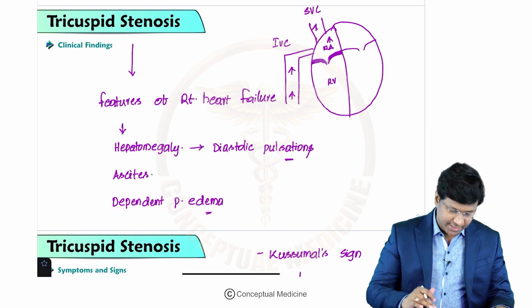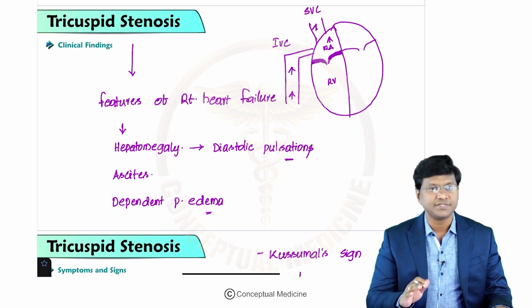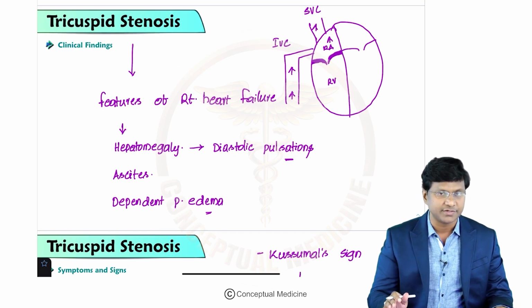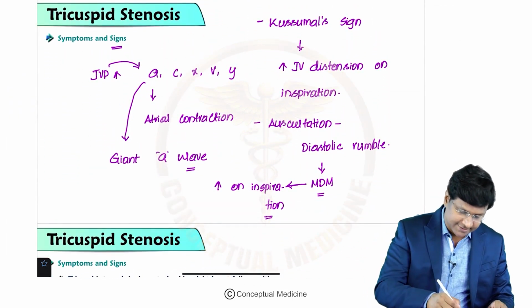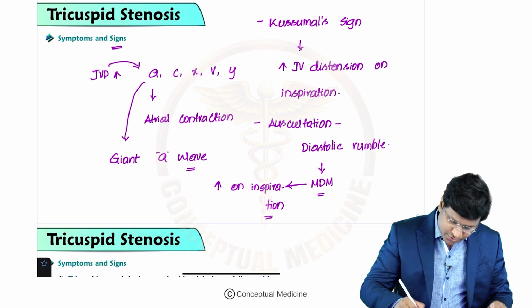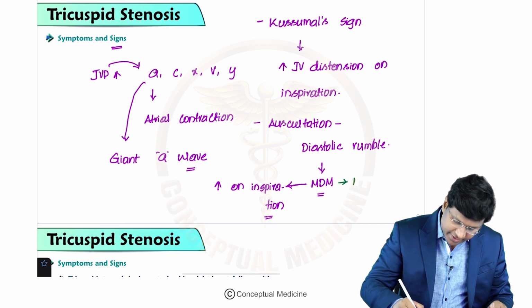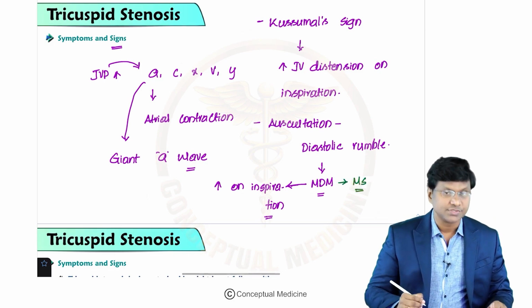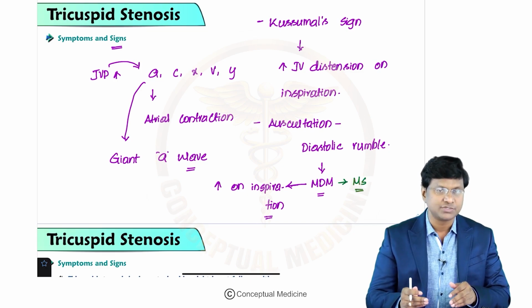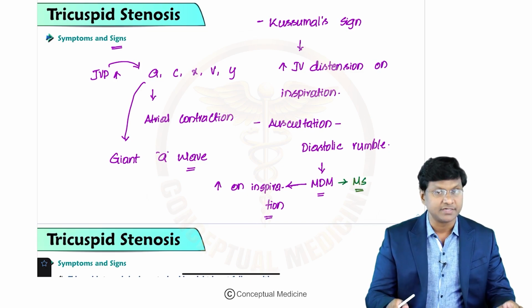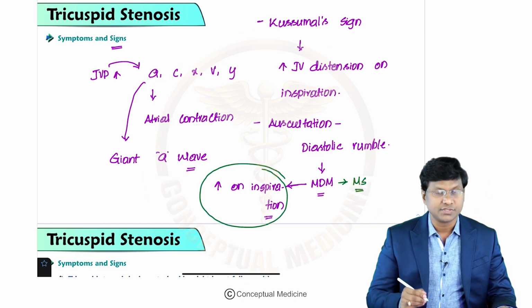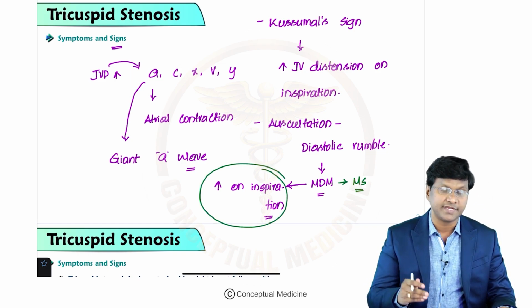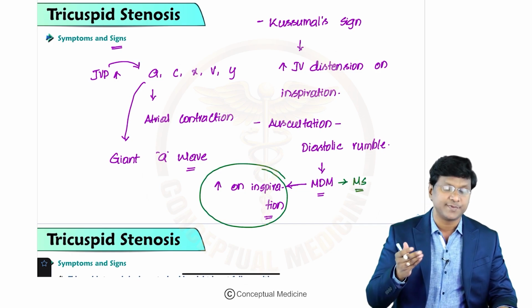Okay, next. Now, after having discussed the clinical features as well as the signs in patients with tricuspid stenosis, take this mid-diastolic murmur. This mid-diastolic murmur is also heard in patients with mitral stenosis. But how will you differentiate the mid-diastolic murmur of tricuspid stenosis from mitral stenosis? See, the mid-diastolic murmur of tricuspid stenosis increases on inspiration.